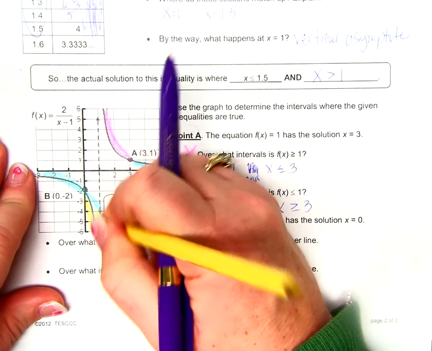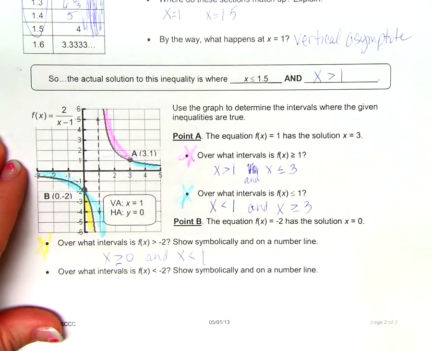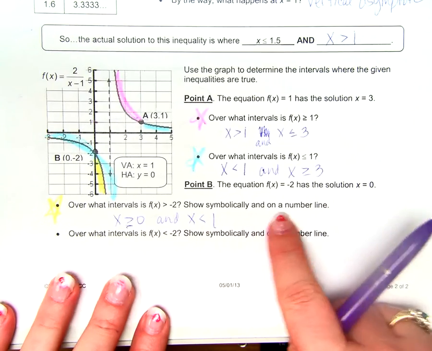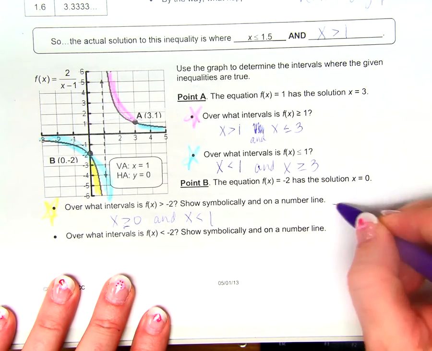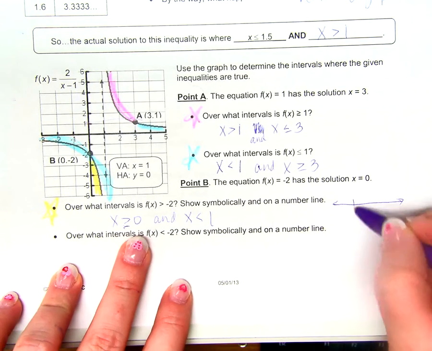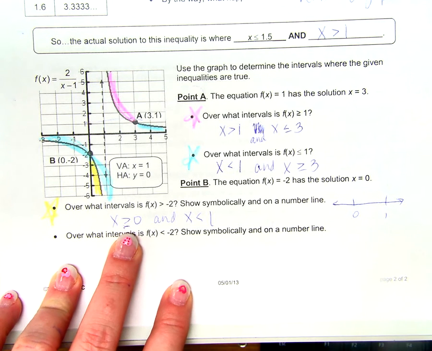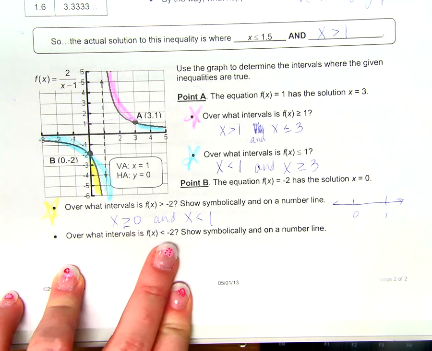It's just this part right here, the yellow part. Yes. Okay. Now it does say show symbolically and on a number line. We got number lines, yes? Here's 0, here's 1. It's greater than 0 and less than 1.